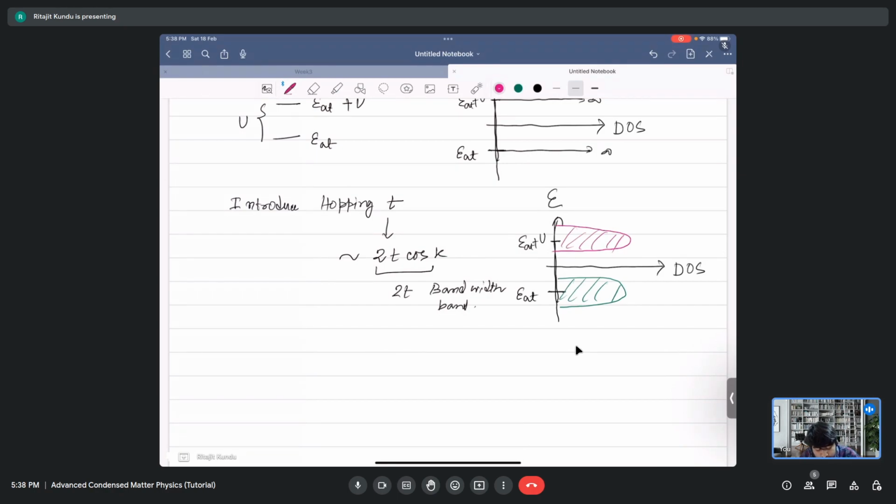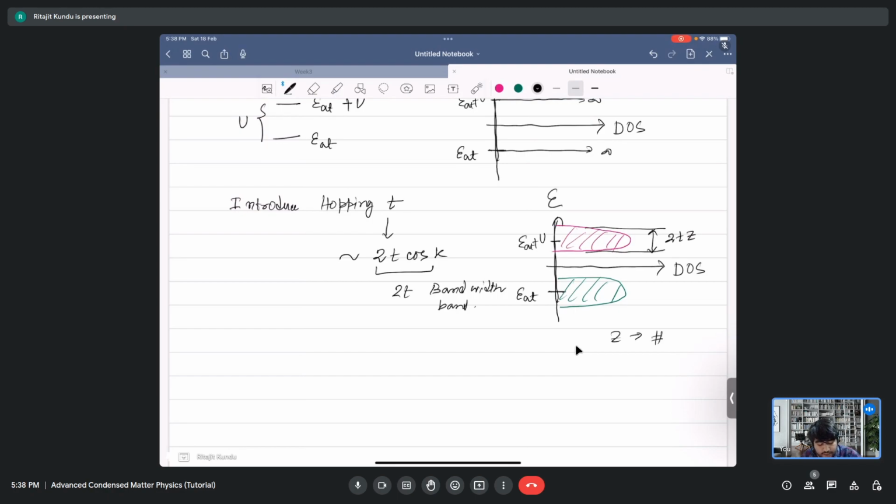So you can measure the bandwidth of these bands. This bandwidth is given by 2TZ, where Z is called the coordination number, the number of nearest neighbors.